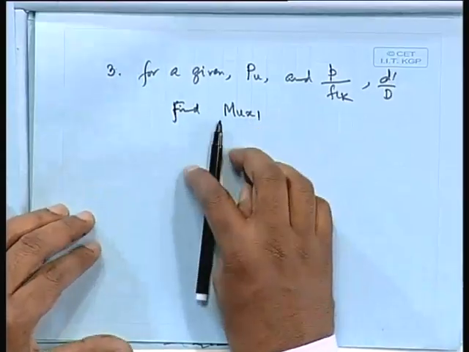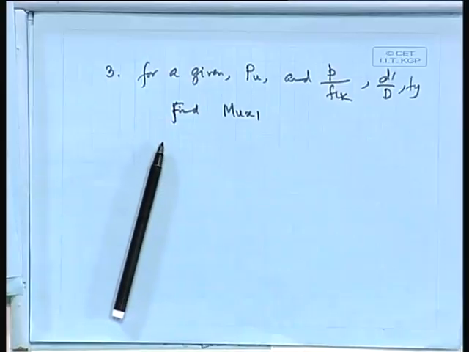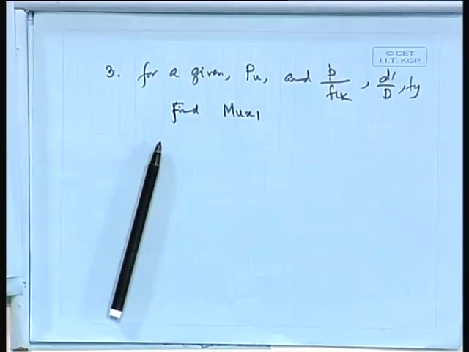It means that Pu is given. I have already chosen P by FCK and also I know D dash by D. Since I know P by FCK, D dash by D, and also Fy, the steel grade, I can go to the proper chart of SP16. Then, since I know Pu, for that P by FCK I can find out the maximum uniaxial bending it can take.